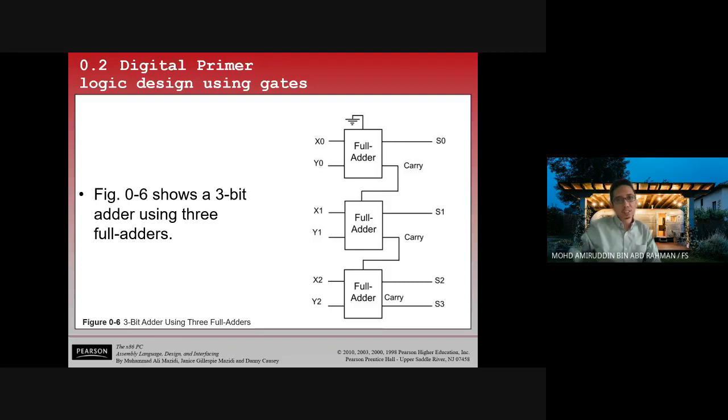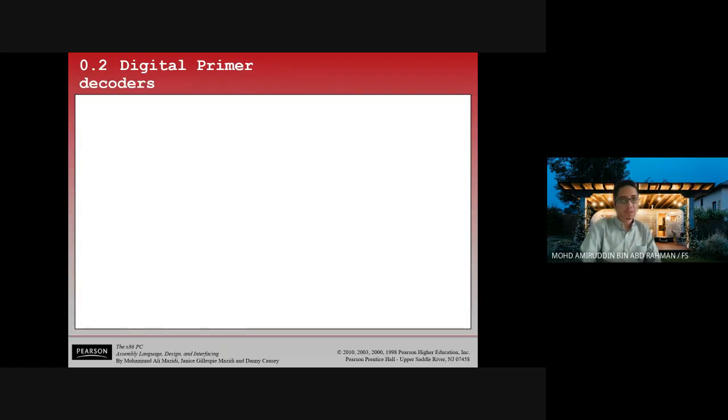As you can see, we have 3 inputs, so we have this 3-bit system with a first full adder, a second full adder, and a third full adder. The output of this is carried to another adder, and then the output from this adder is carried to another adder. So finally you get the 3-bit adder. I'll stop here for today.